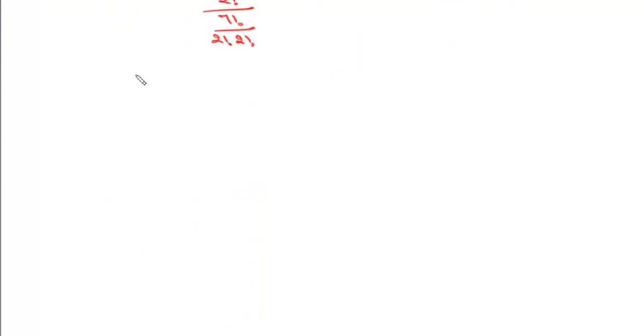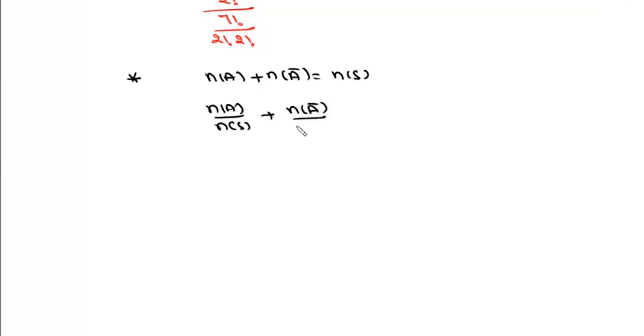Now, using this classical definition, we can also define the probability of a complement. Now we know that n(A) plus n(A') is equal to n(S). Now we divide everything by n(S), we can write n(A) upon n(S) plus n(A') upon n(S) is equal to 1.